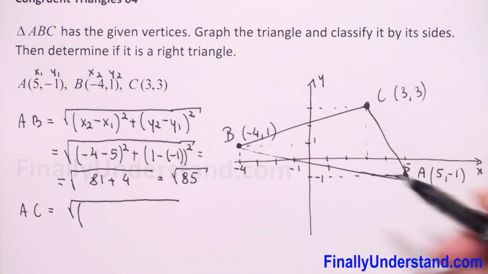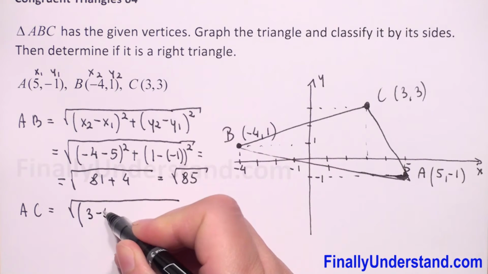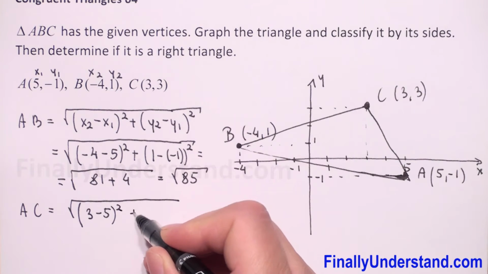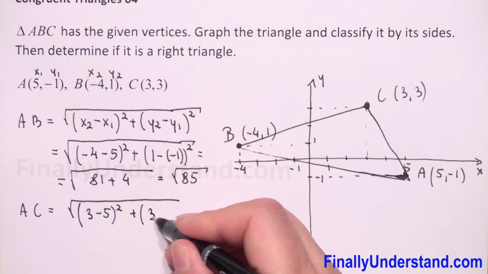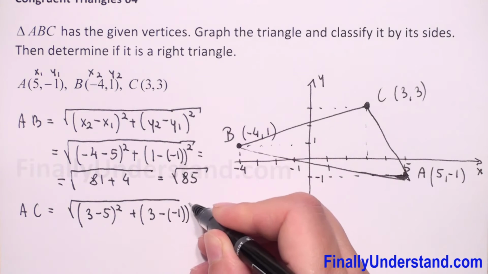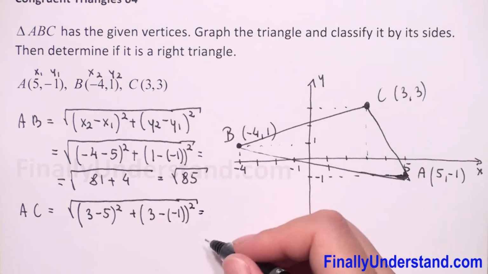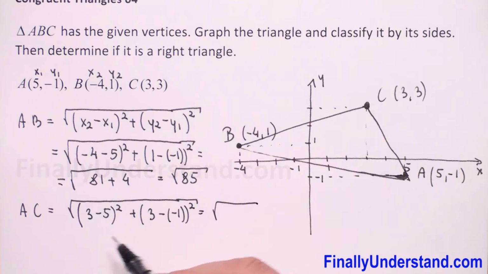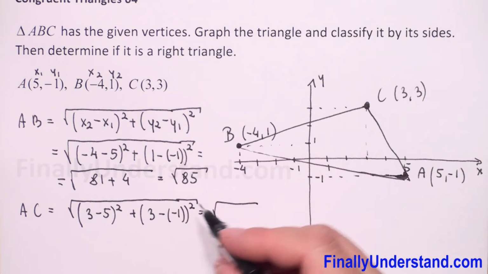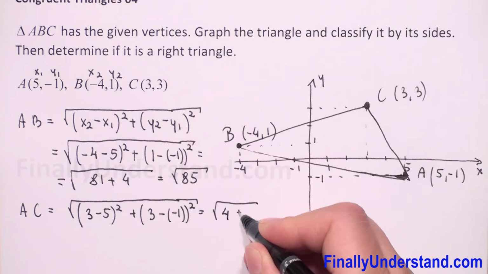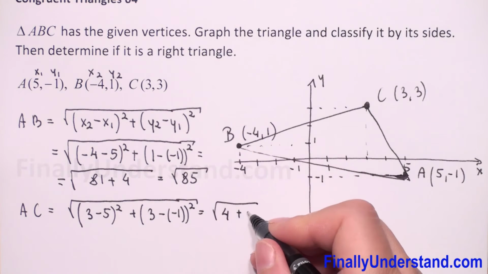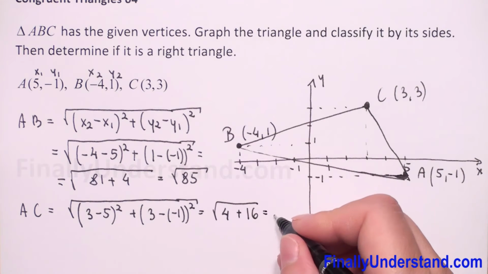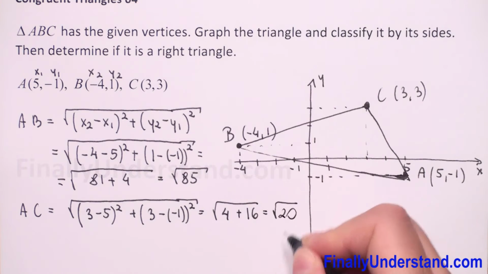So we have (3 minus 5) to the second power plus the y coordinates, (3 minus -1) to the second power. So this is equal to the square root of 3 minus 5 is -2, to the second power is 4, plus 3 and negative gives positive, so 4 to the second power is 16. So this is the square root of 20.